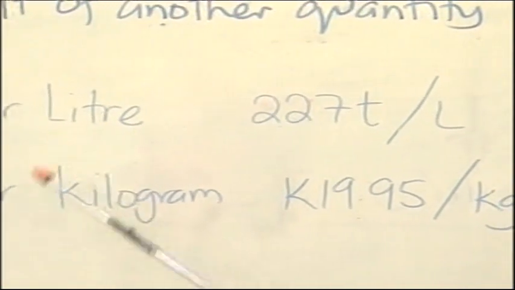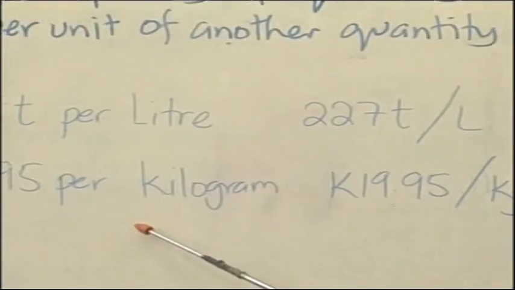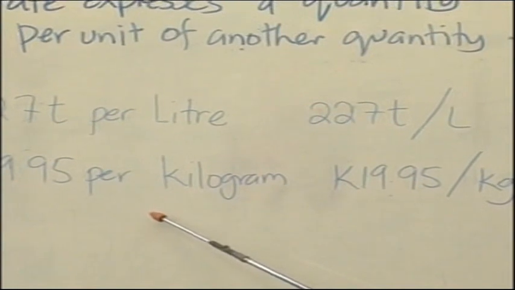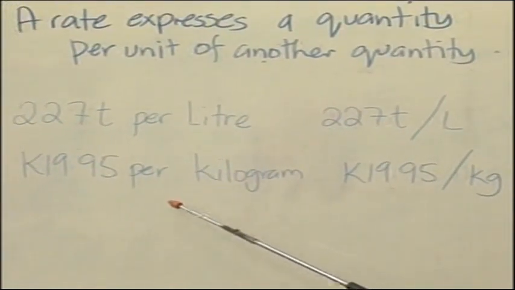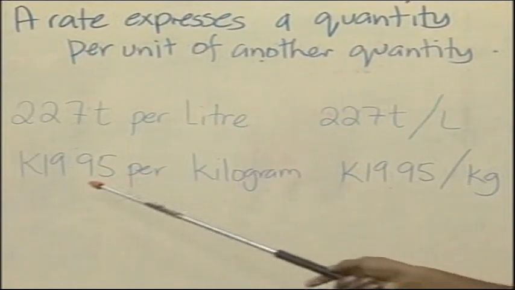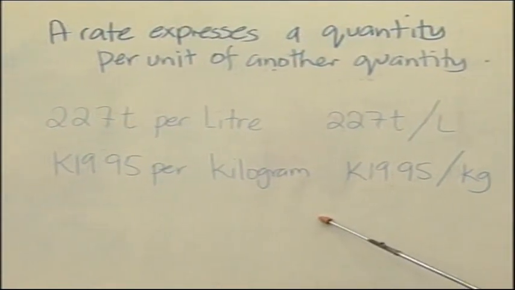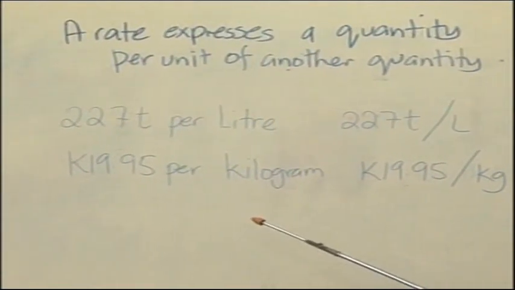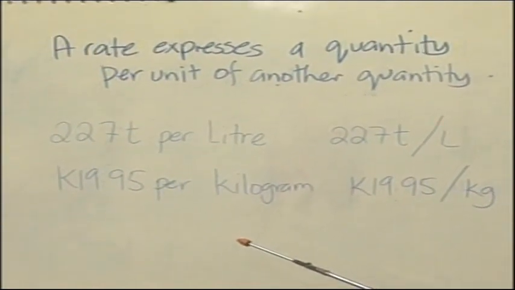Same with at the shop, all right? We looked at the rate of the meat, weighing. How much is it per kilogram for the meat? 19 kina, 95 toea per kilogram. So every kilogram of that meat costs 19 kina, 95 toea.